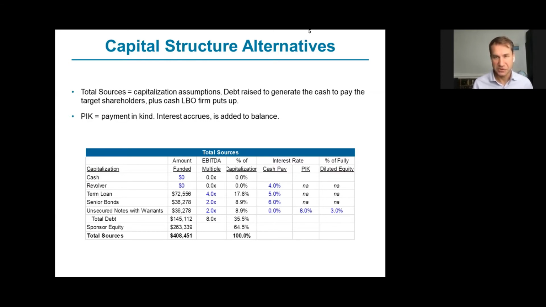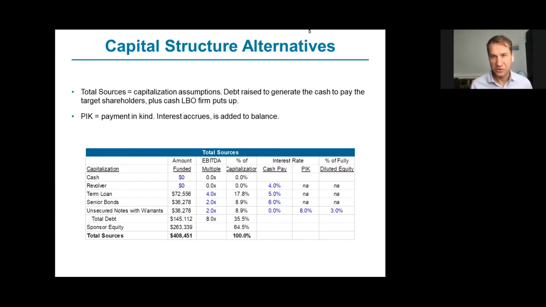That's called capital structure. And as you go down in the seniority, you can see in the interest rate that the interest increases, right? As the debt becomes more risky, you have to pay more.